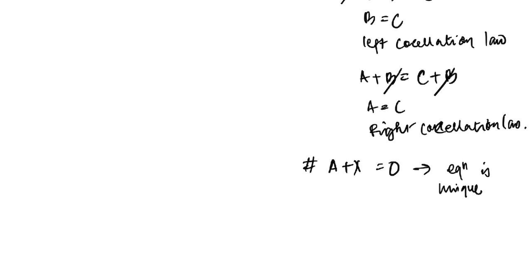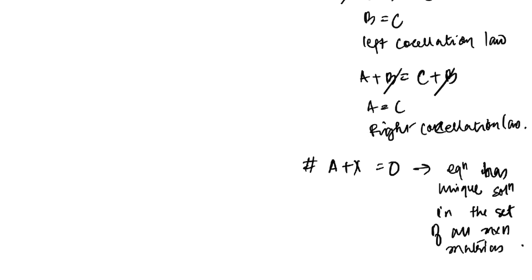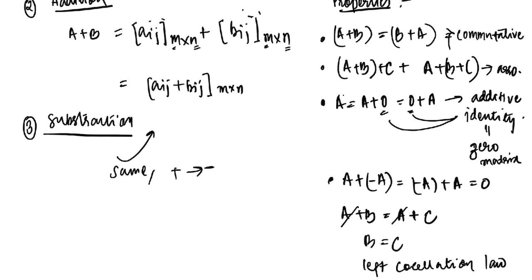This equation, or let's say this equation has a unique solution in the set of all m cross n matrices, right? We will see it later elaborately, but you remember this one, okay?